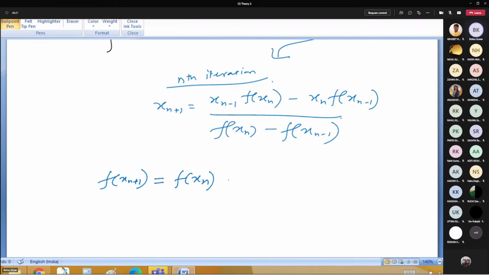But if this is not giving you approximately 0, not looking like a 0 solution, then the method is not converged.